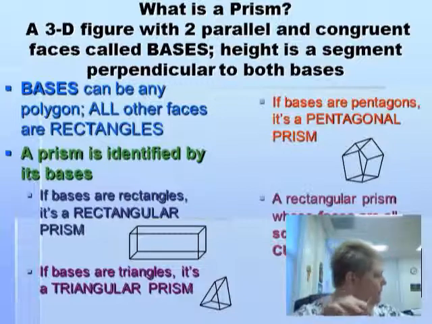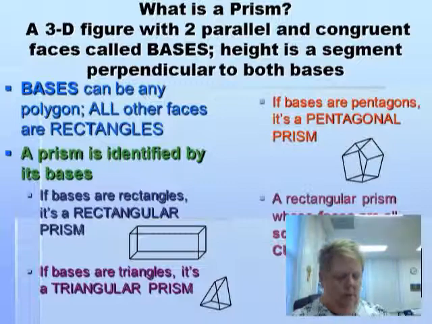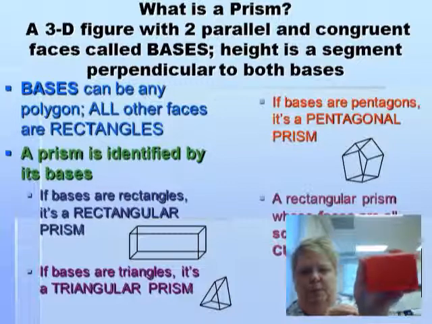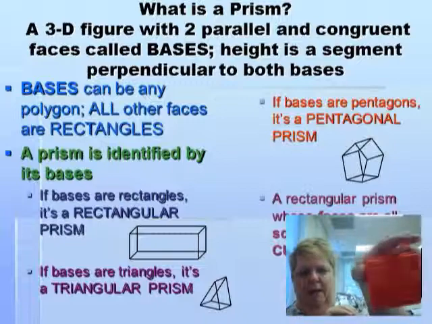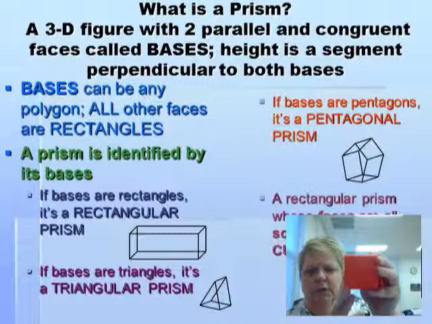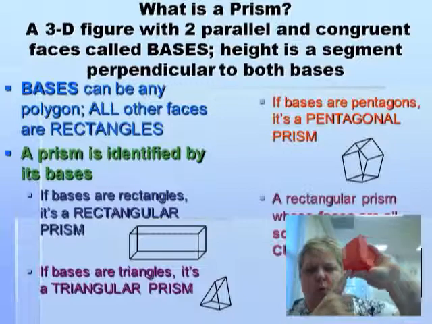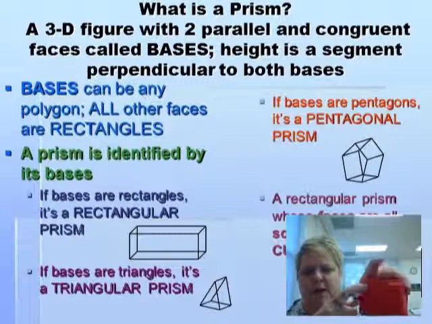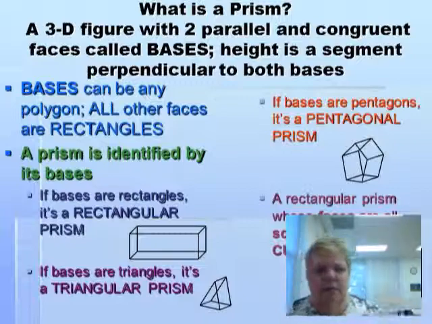Here's another example of a prism. We have rectangles as faces, and we have a square as a base. So this would be a square prism because it has bases that are squares and the other faces are all rectangles.